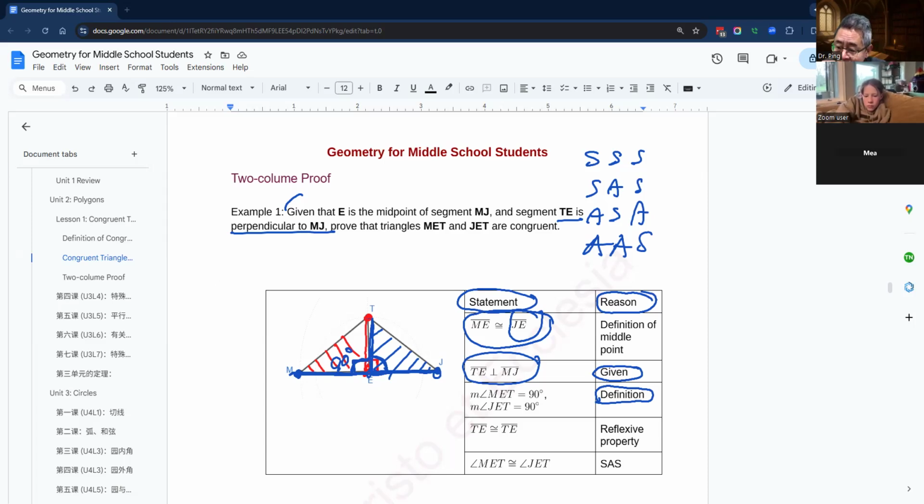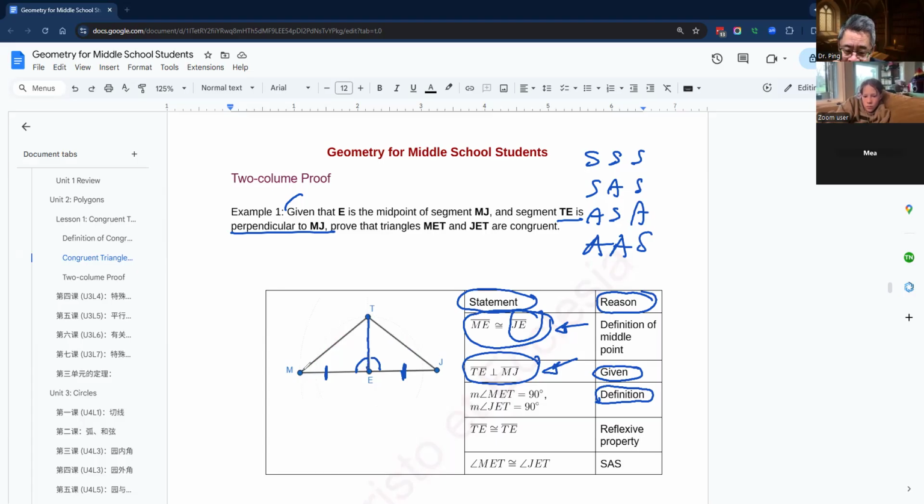And so what do we know so far? We know this side is congruent to this side. That's what we got from the definition of the midpoint. And we also know that this angle is congruent to this angle. And that is because TE is perpendicular to MJ.